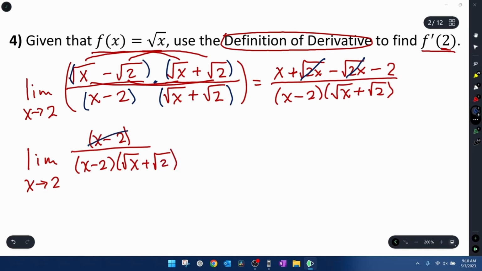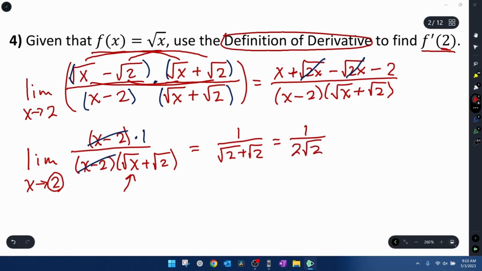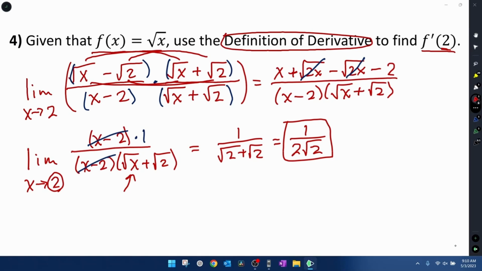The x minus 2's will divide out and make 1. Really, there's a 1 up top. And then at this point, we should be able to let x go to 2 right here. And so that would give us 1 over square root of 2 plus square root of 2. Those are like terms, so we can add those and get 2 square root of 2. And there's our answer for that problem.